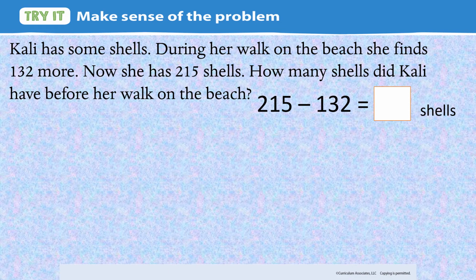Kaylee has 215 shells, and if she takes out the 132 shells she found, she will know what she started with, which again is a start unknown problem. So my number line will have to have the number 215 on it. Let's take a look at our number line.